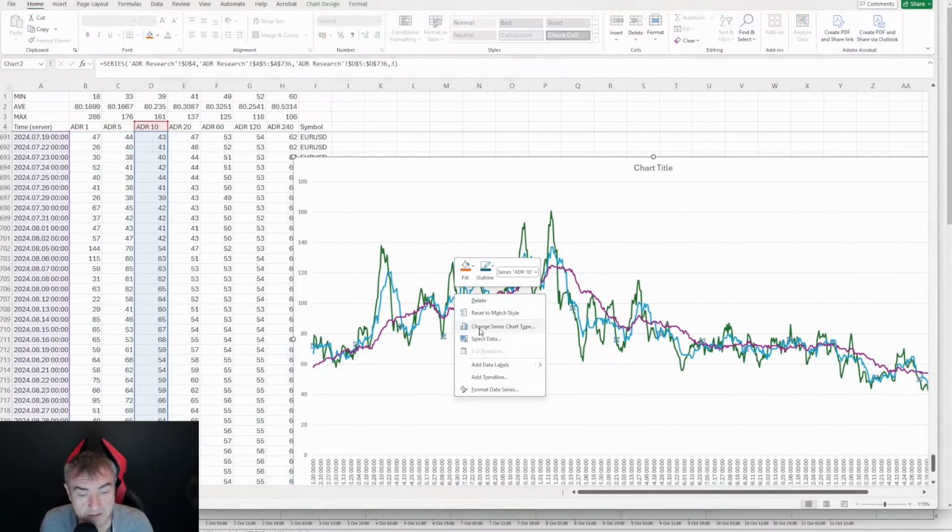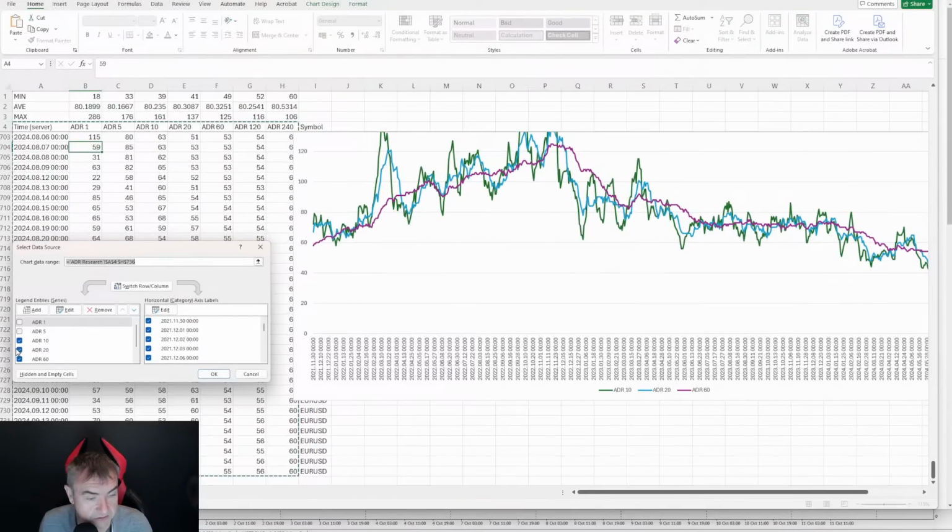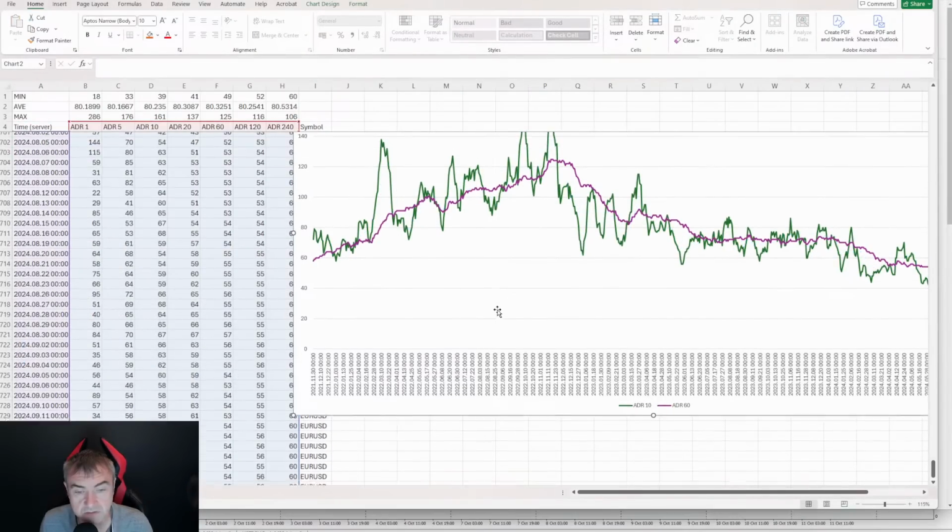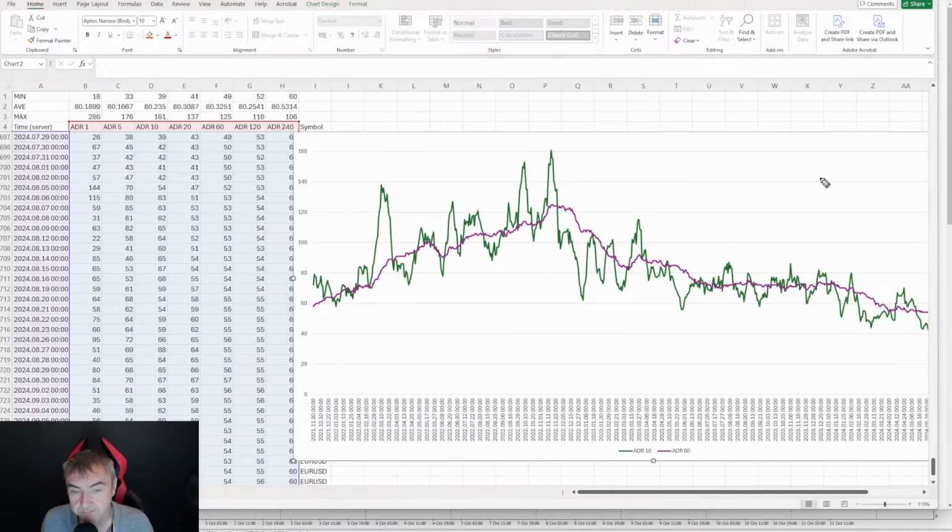So if you take away the ADR 20 from this and just look at the two that I decided were the best as extremes, that's ADR 10 green and ADR 60 purple. So the deviation is just chalk and cheese.